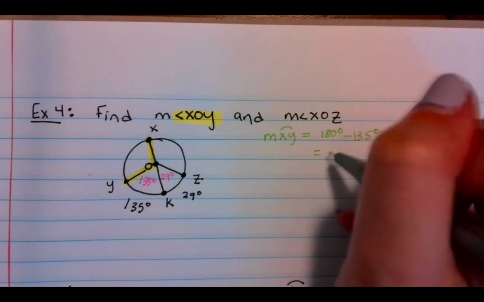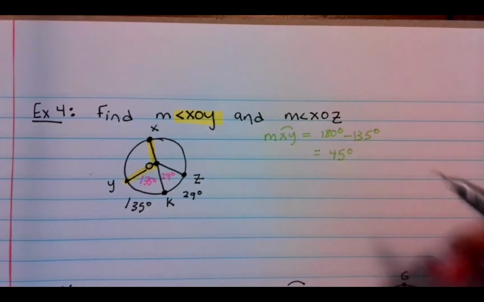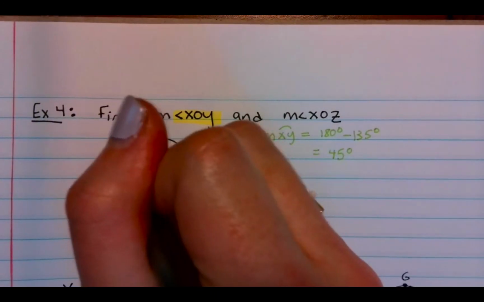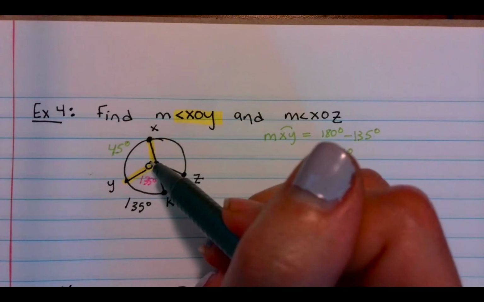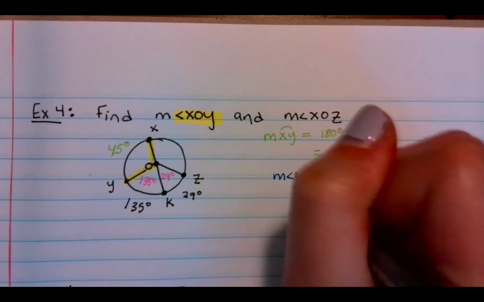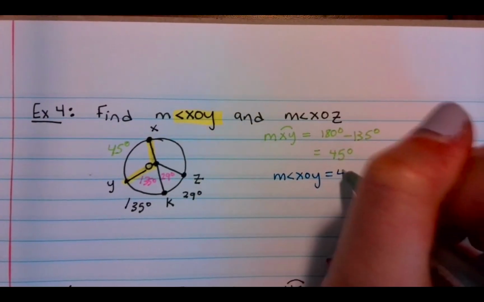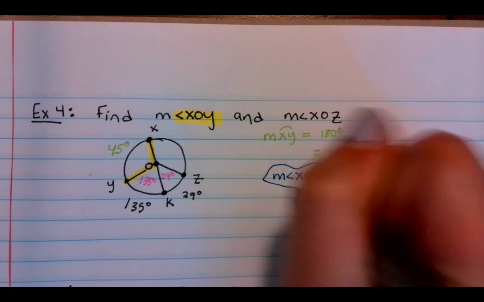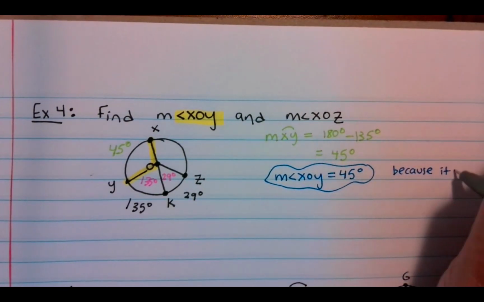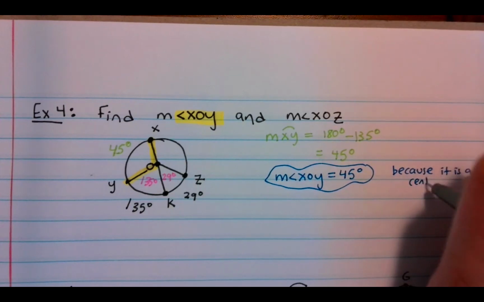And that is 45 degrees. Wow, that picture is horrible. I'm so sorry. So I know that this arc is 45 degrees, and if the arc is 45 degrees, so is the angle, since that is a central angle. So I can write that the measure of angle XOY is 45 degrees. I'll just leave a little note because it is a central angle.